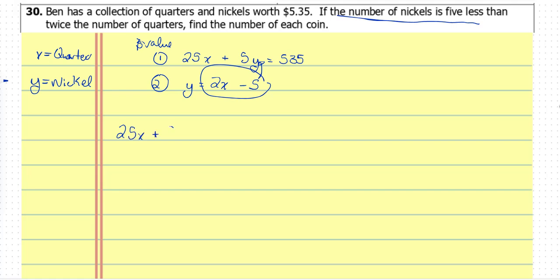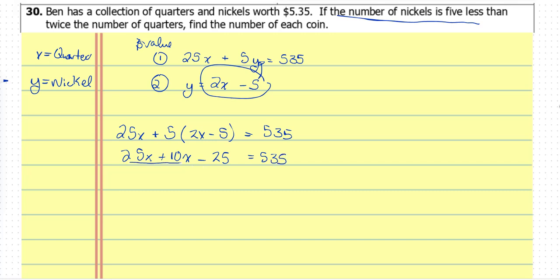25x plus 5 times 2x minus 5 is equal to 535. So 25x plus 10x minus 25 is equal to 535.